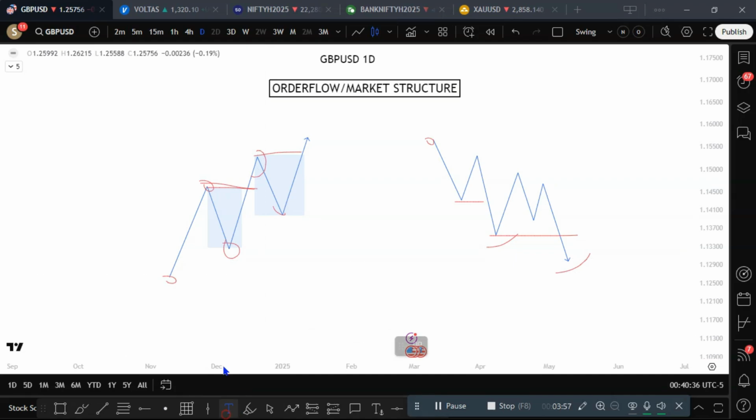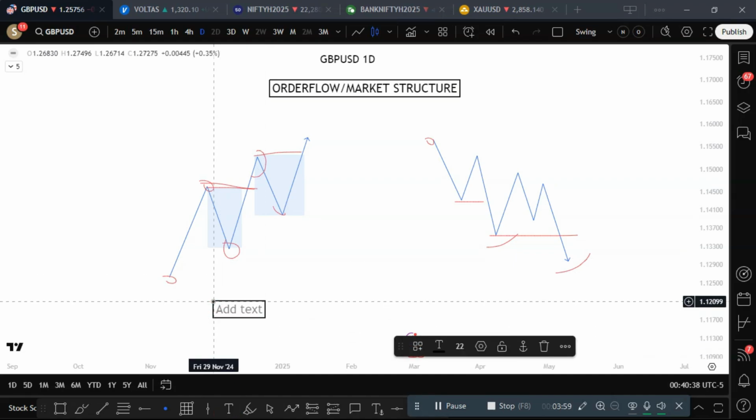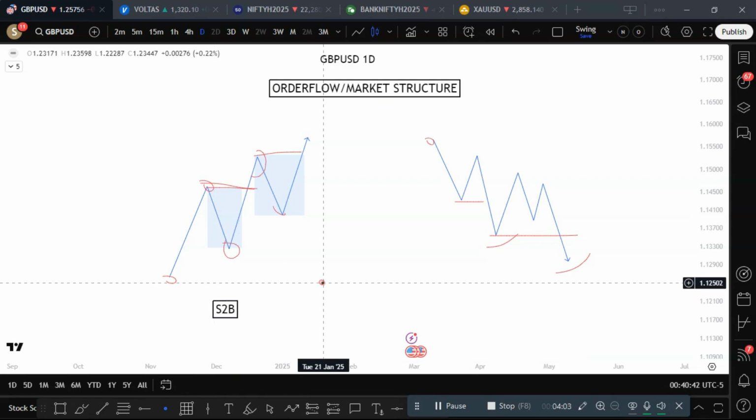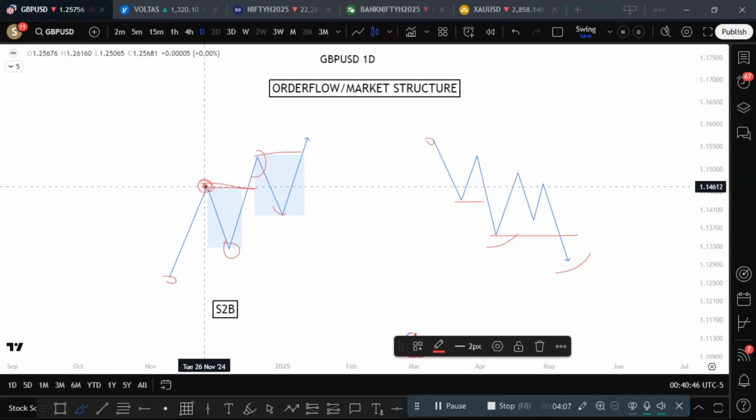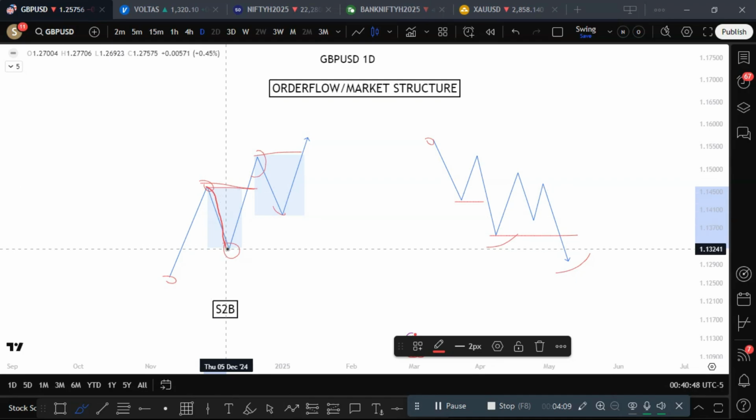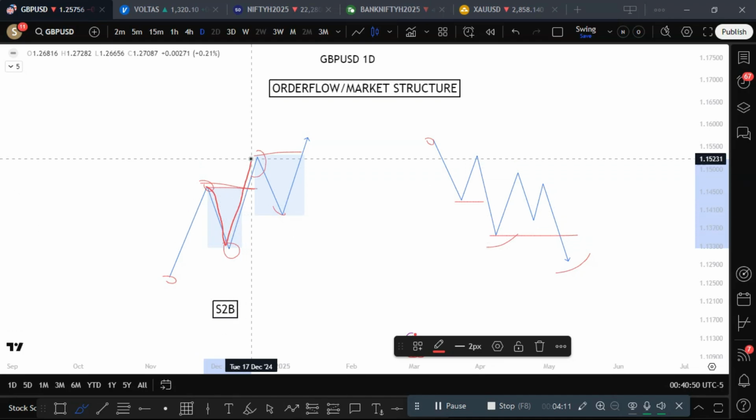S2B means sell to buy. So what is the meaning of S2B? Sellers pushed price lower and then buyers pushed price upper.